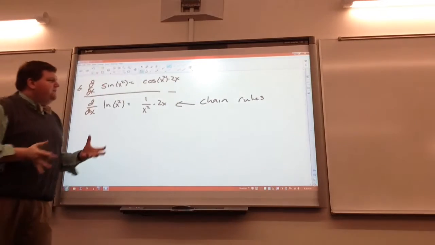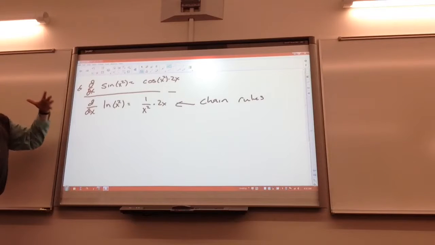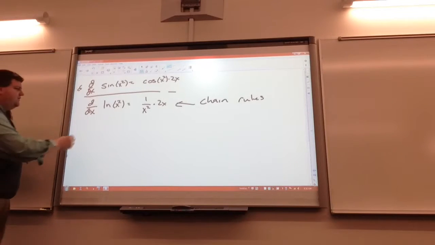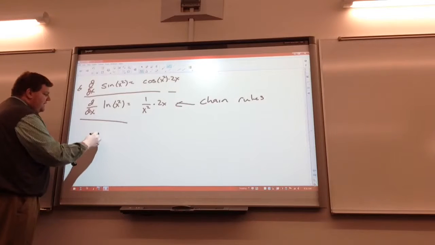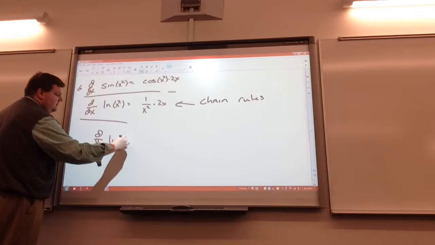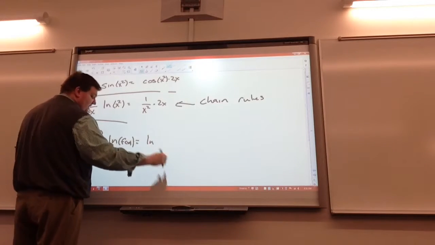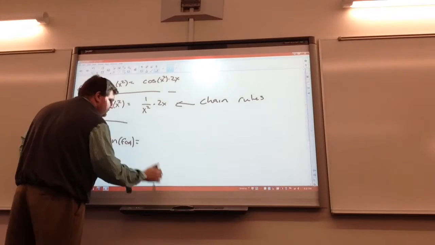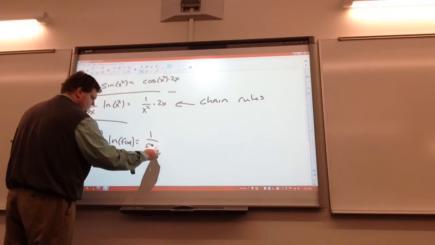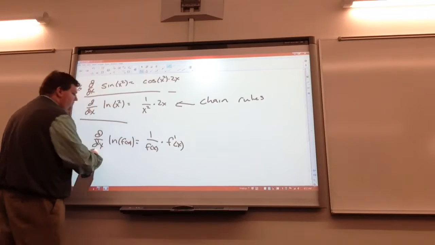Okay, and the basic form of them comes out to be, if we were looking at this symbolically as we did with all the other functions, the rule for the natural log would be that the derivative with respect to x of the natural log of f of x is equal to 1 over f of x times f prime of x.